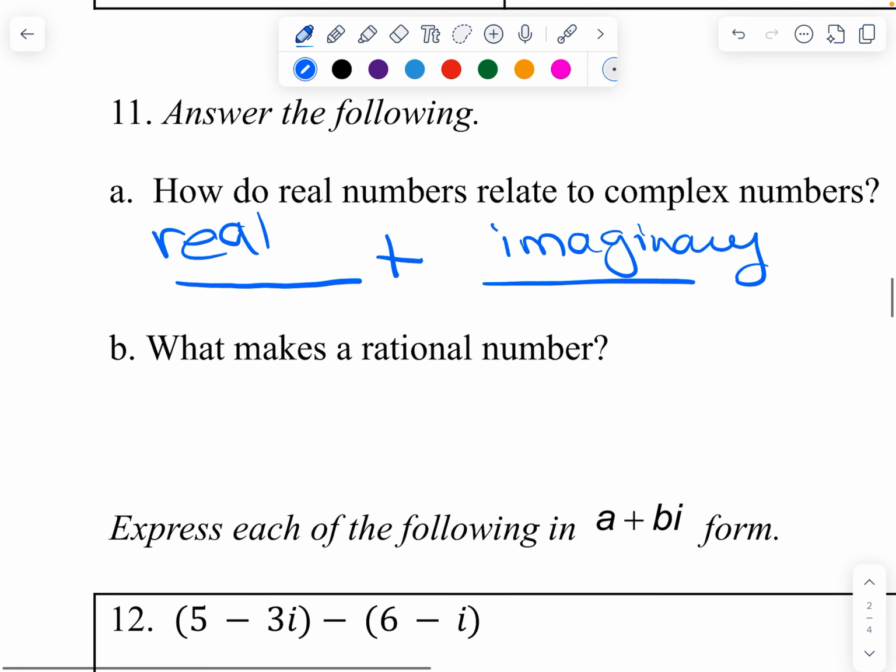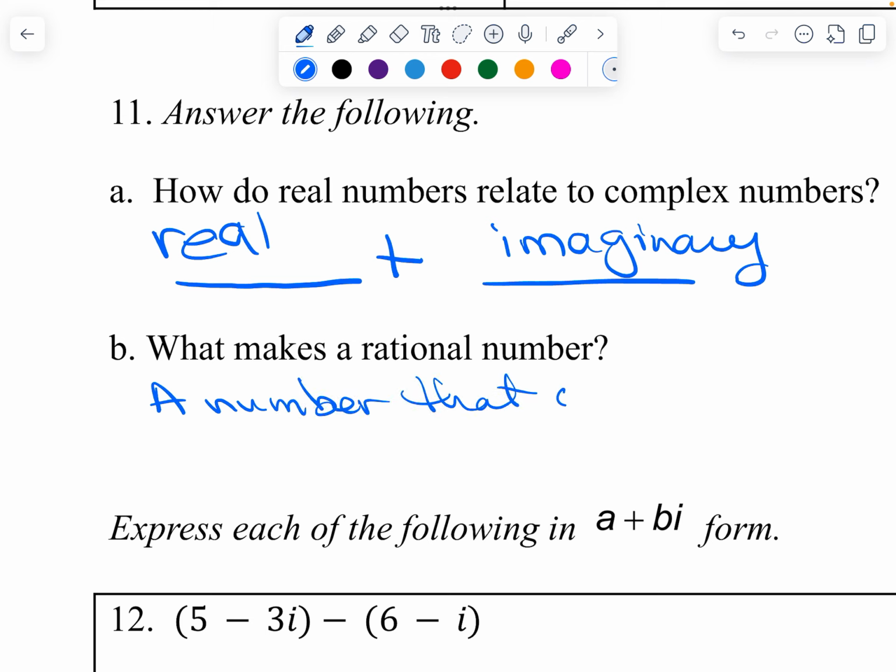Okay. What makes a rational number? A number that can be made into a fraction.